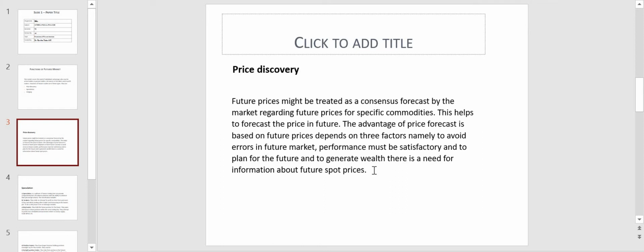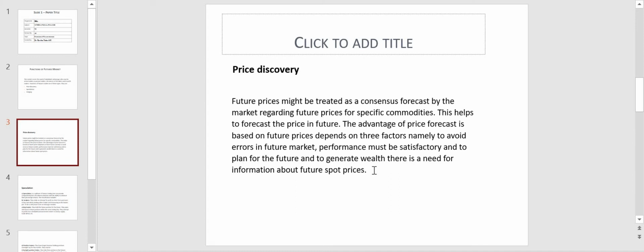So here simply it means in future prices you have to foresee or forecast what would be the future price for that underlying asset. Based on that you will be getting into the futures contract. Since you foresee the future, if you have to get the best of foreseeing the future, you have to mainly depend upon three factors.